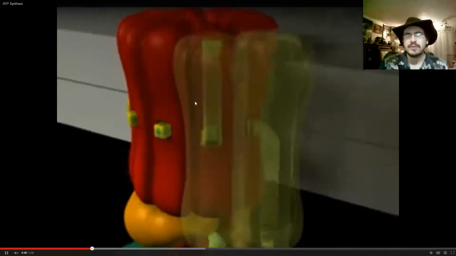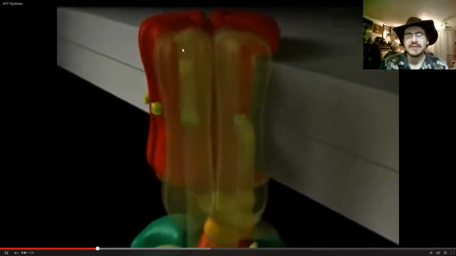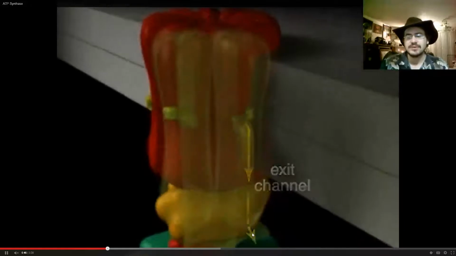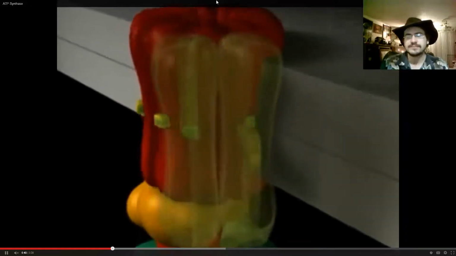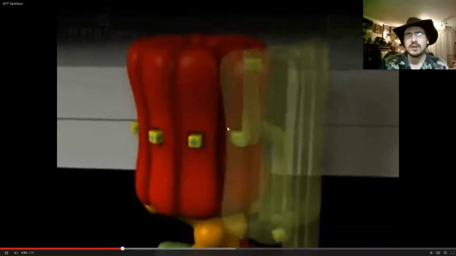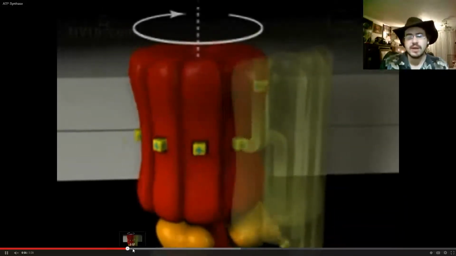So there we go. They're moving through, and then as it rotates full circle, hydrogen comes out into the mitochondrial matrix. So let's take a quick look at what exactly is going on here.